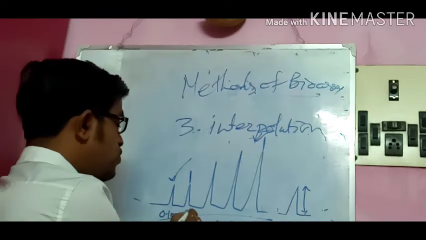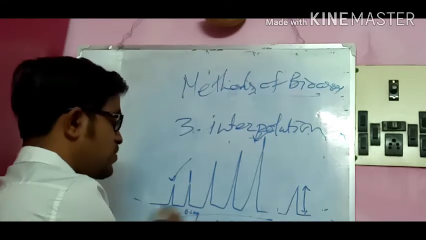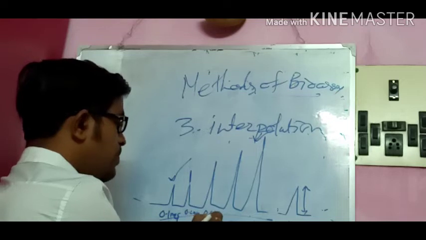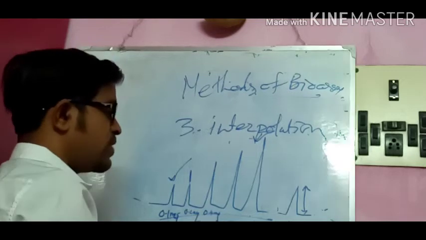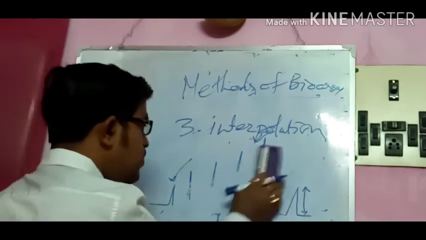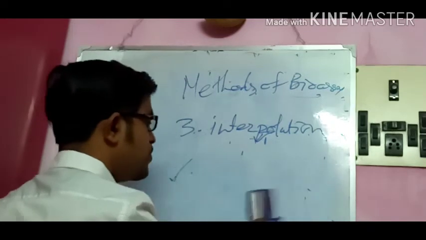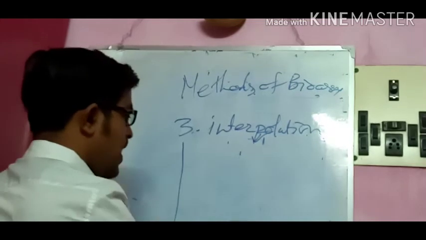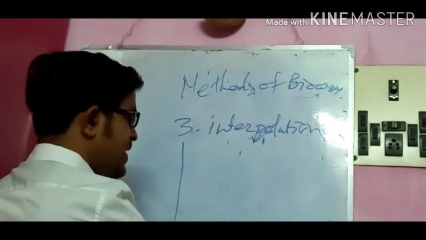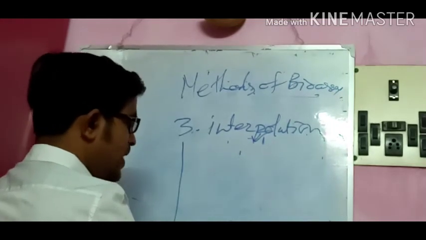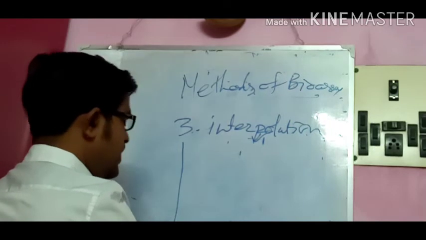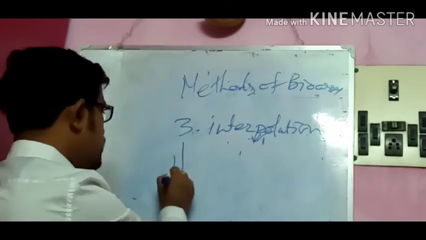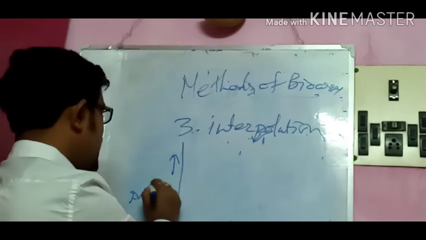Here 0.2 microgram was present in your solution. 0.4 microgram was present in your solution. Like that. Now you have to make a graph. In this graph sheet, in the x-axis you take the concentration. In the y-axis you take the response length.